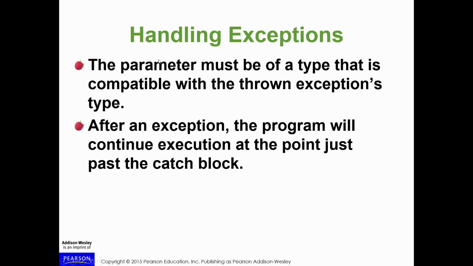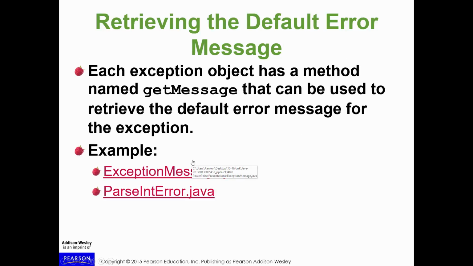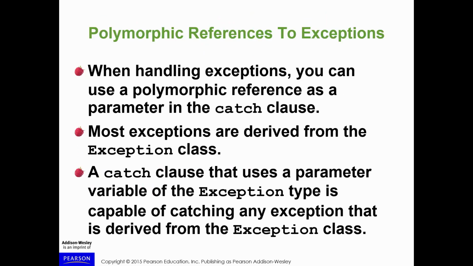So the parameter must be of a type compatible with the thrown exception's type. After an exception, the program continues execution right past the catch block. Each exception object has a special method in it, shown in the book, called getMessage, and you can use that to grab information about the error that was thrown.